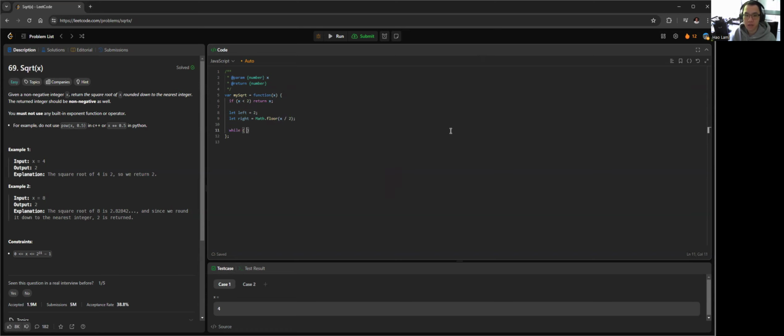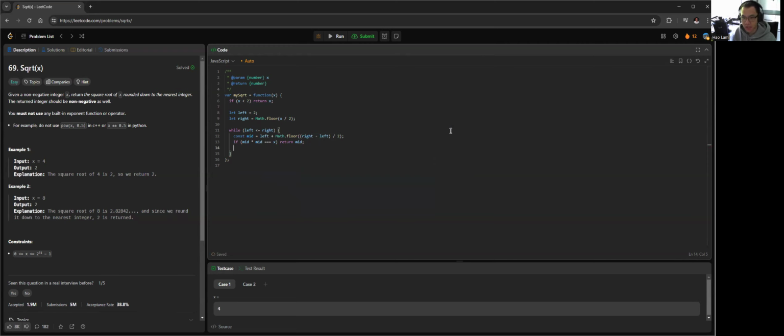So while left is less than or equal to right, we calculate our middle number equal to left plus Math.floor of right minus left divided by 2. So if mid multiplied by mid is equal to the number, which is x, we can return mid, which is the square root.